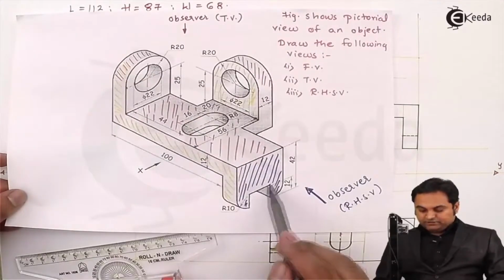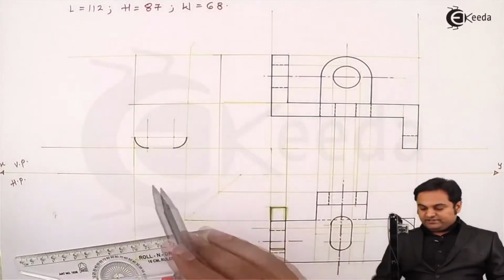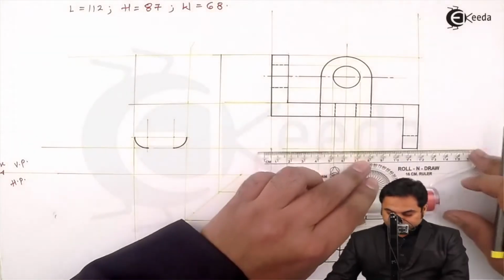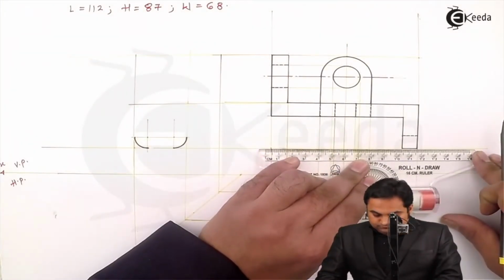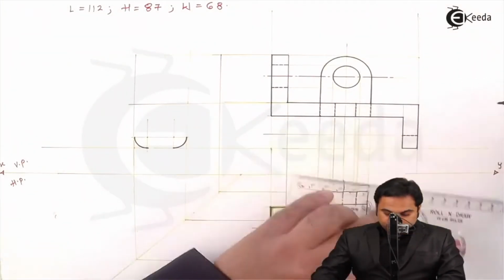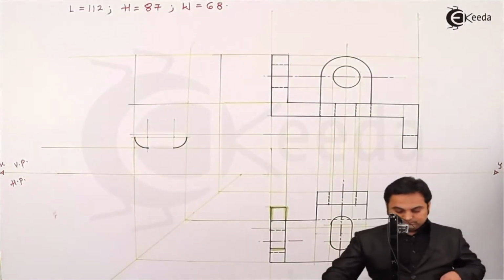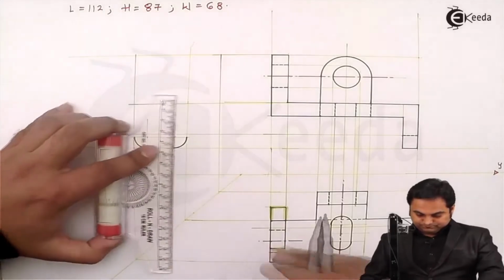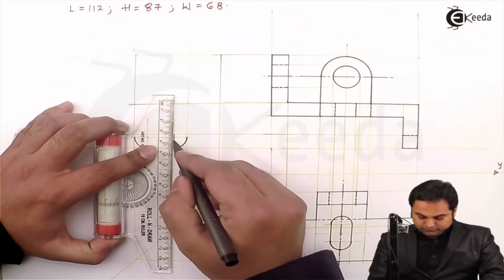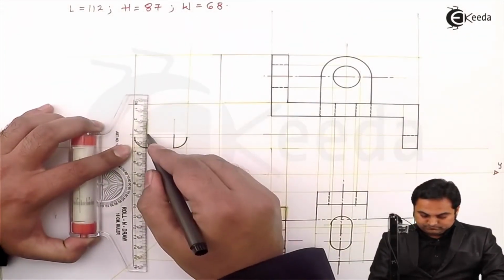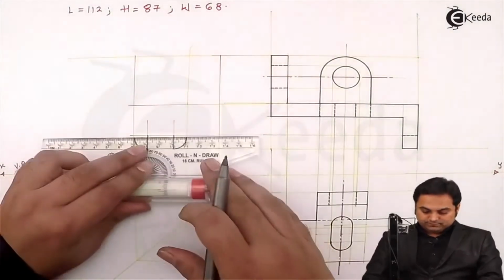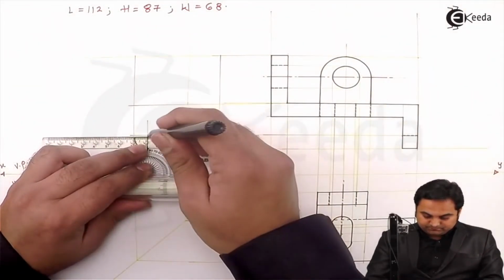After that, there is a cut of 12 mm height, which I can take from the front view. So it will go up to the top, even here. Next, joining them.